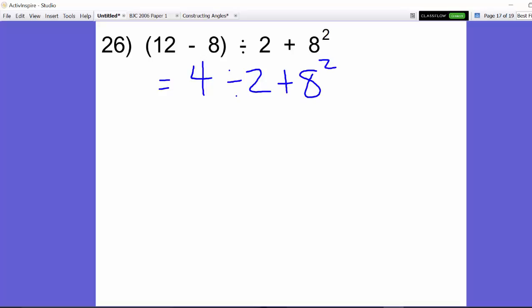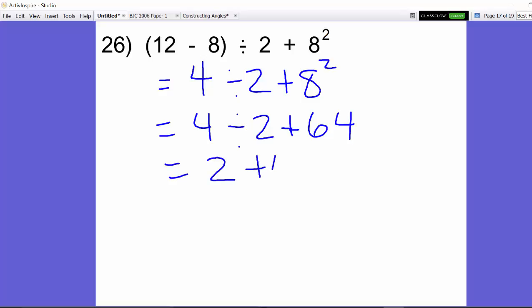I have my brackets done, so now I'm going to move on to my exponent, which is 8 squared. So 8 squared is going to be 8 times 8. 8 times 8 is 64. So now I'm going to divide. 4 divided by 2 is 2. So 2 plus 64. 2 plus 64 is equal to 66.